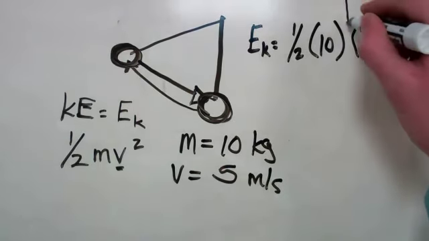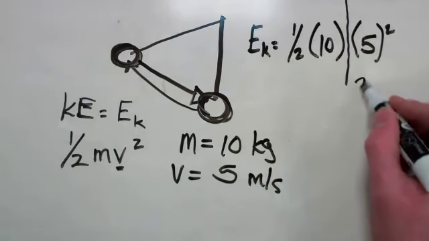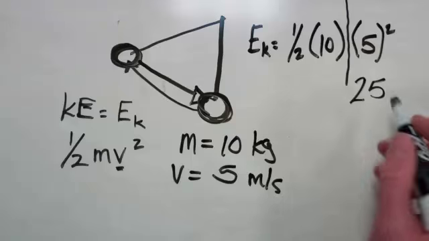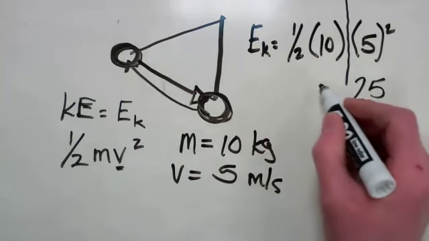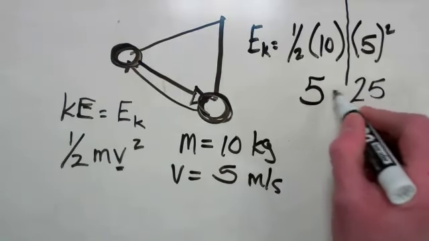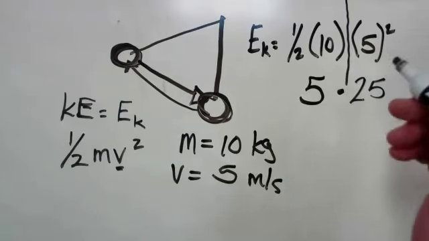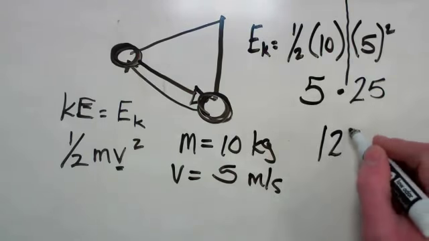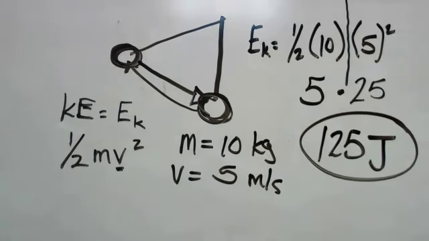So I like to treat it like it's two different pieces here. I do this half first. That's square 5. That's 25. And then I can multiply half times 10. Half of 10 is 5. And then I can just do the last of my order of operations, 5 times 25, which is 125 joules of kinetic energy. That's how you do kinetic energy.